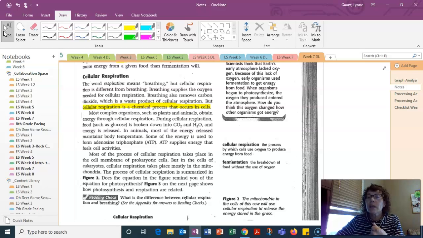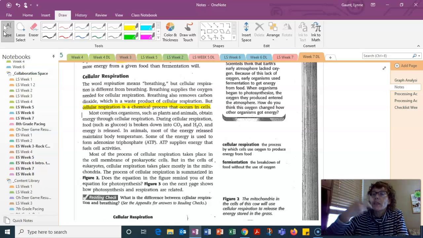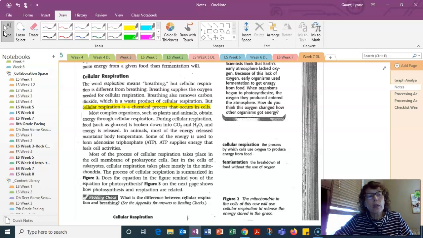And in that process, they have a waste product called carbon dioxide, which goes to your blood, back to your lungs, and when you breathe out, it breathes out that carbon dioxide waste. So they are definitely related, even though one is breathing in, breathing out, and the other is a chemical reaction in your cells. They're both involving oxygen that you breathe in and carbon dioxide that you breathe out.